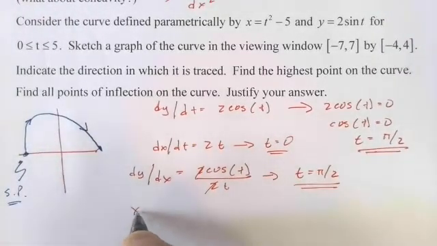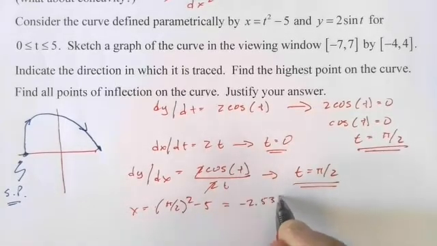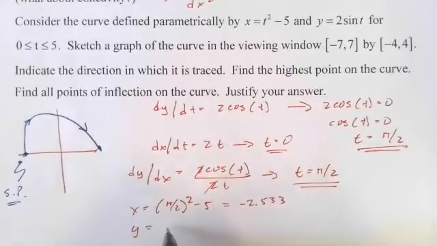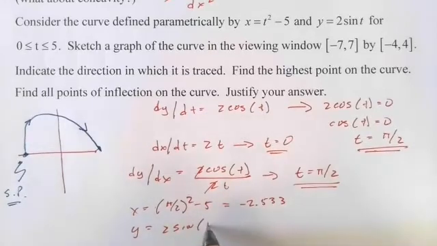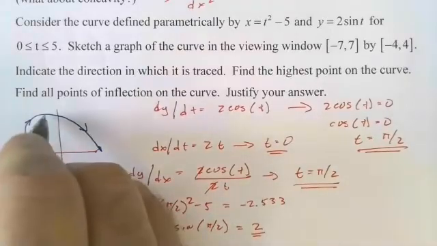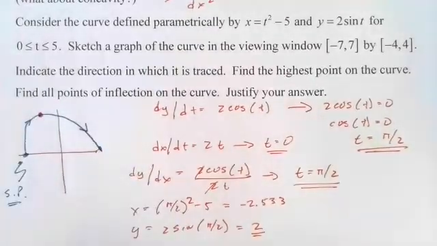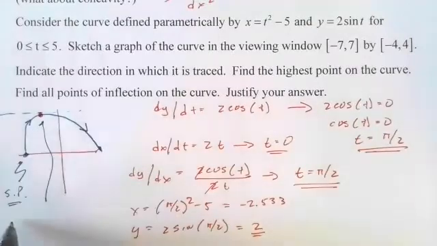The point is when x equals pi over 2 squared minus 5, negative 2.533. And when y equals the original y, 2 sine of pi over 2, which is 2. So this peak up here looks like it's over here somewhere, right? That's where the derivative equals 0. And apparently this point is negative 2.533 comma 2.